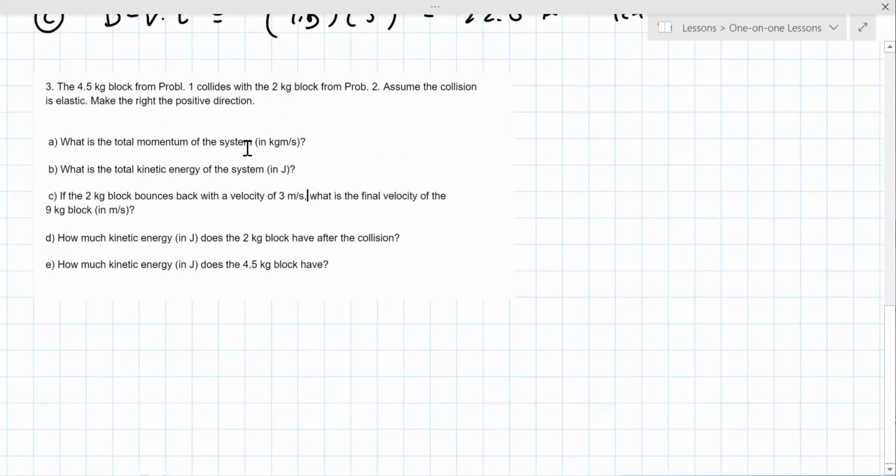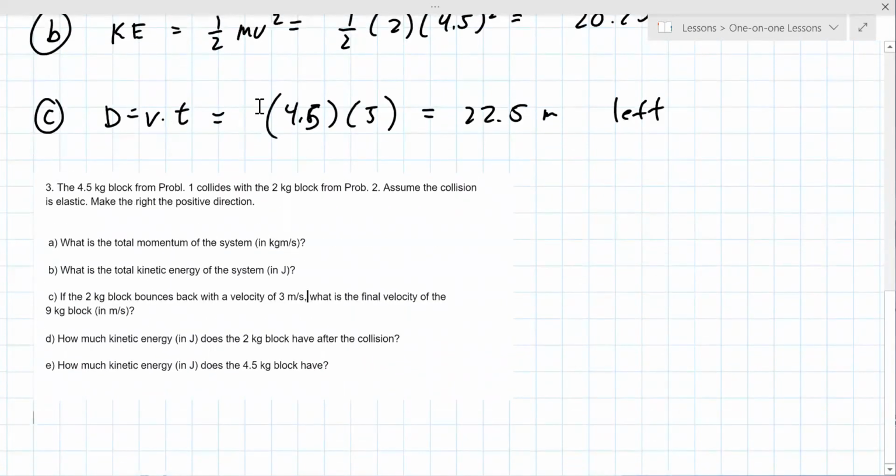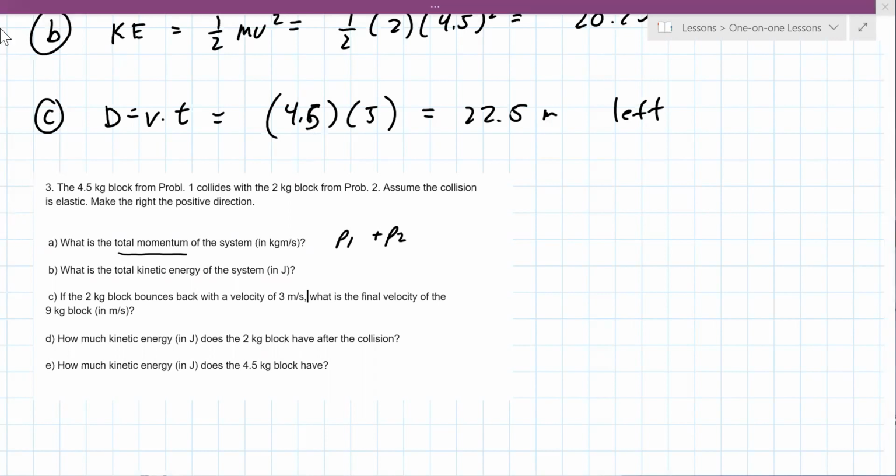Okay. So in an elastic collision, I need to just double check this. Elastic collision, momentum. Okay, so the total momentum is the momentum p of the first thing plus the momentum p of the second thing. So you're taking your momentum calculations from the first problem and the second problem and just adding them together.